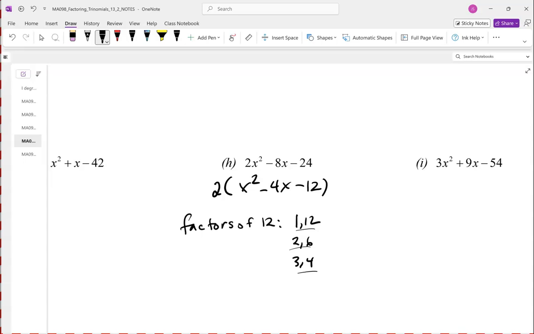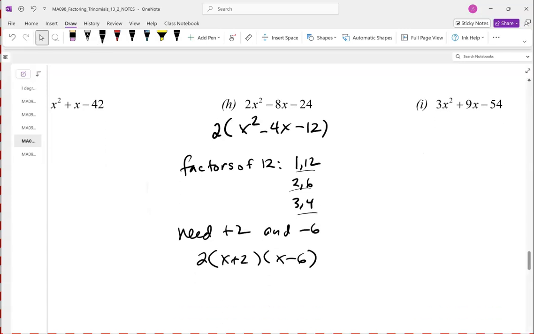Right? So what are your factors? Good. Yeah. 2 times x plus 2 and x minus 6. That okay?